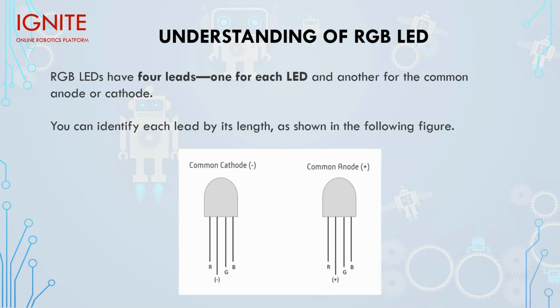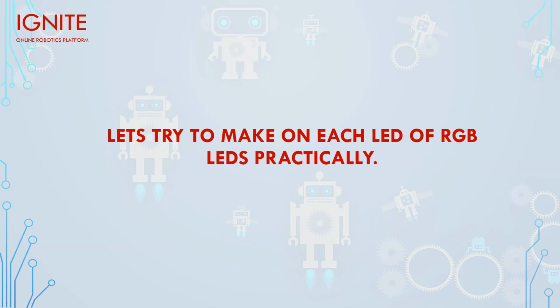If you are buying the RGB LED from the market, you can identify which lead is for red, green and blue, and which is the common point, whether common anode or common cathode, by the length. The longest lead is the common point, and then in reducing order we can think of it like first green, then red and then blue.